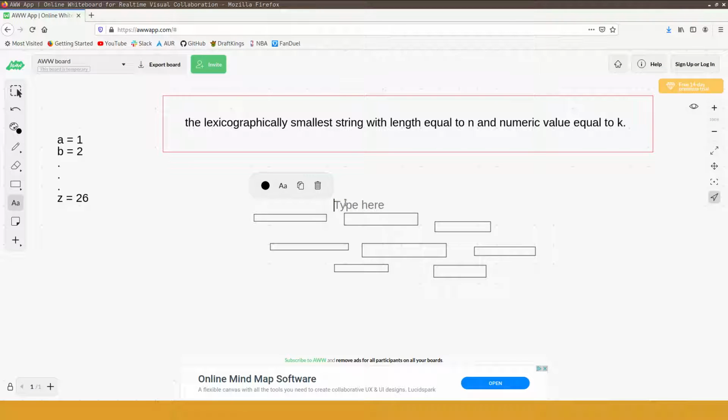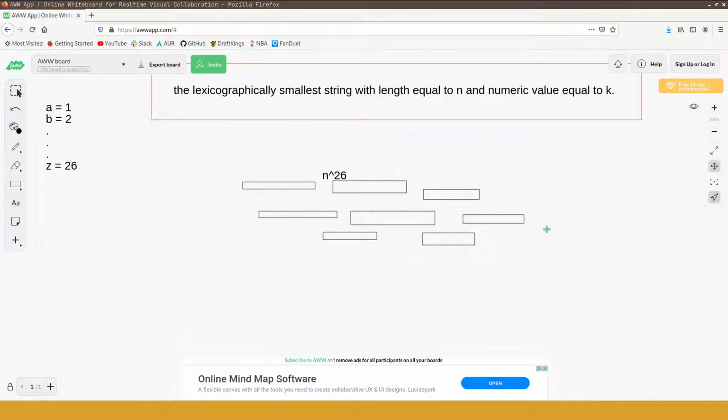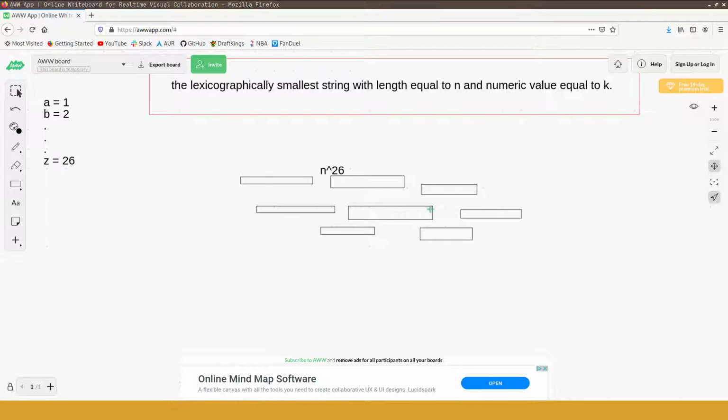In total, there are 26 to the n different ways, right? And for each of these strings, there is a corresponding numeric value associated with it. And what can the numeric value associated with each string be? Well, it has to be between n and 26 times n, right? The smallest one that I can get is just the one with all A's, so 1 plus 1 plus, n times. The biggest one is all Z's, so 26 times n.